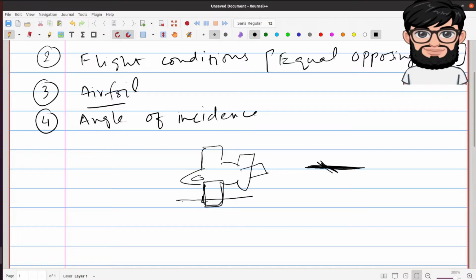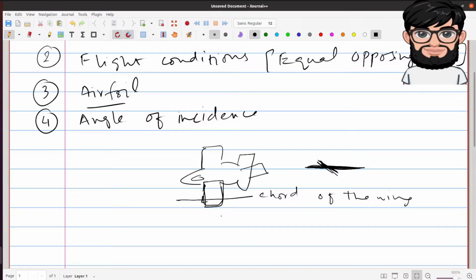So this line is representing that angle of the wing, right? So we're going to be calling it the chord of the wing.